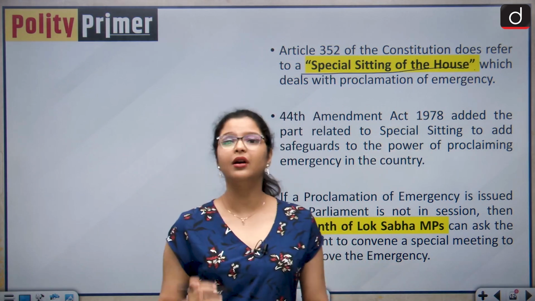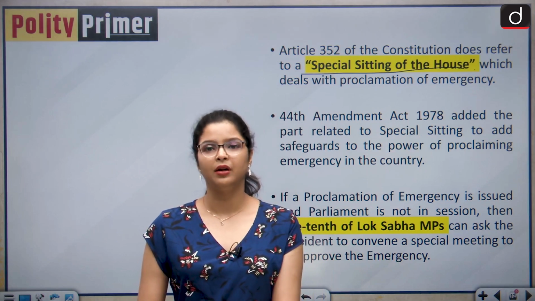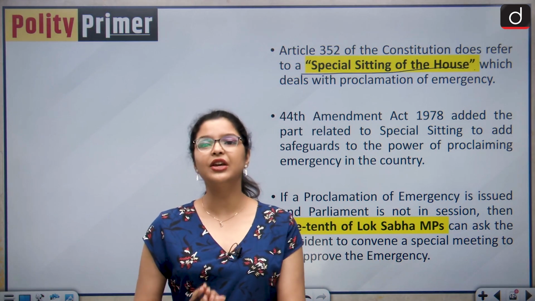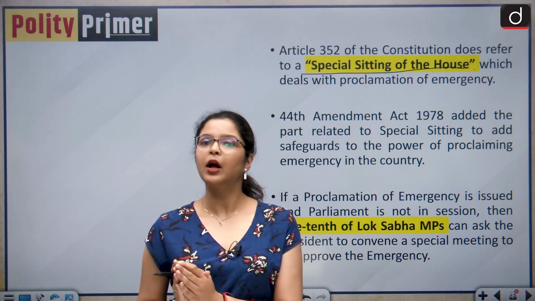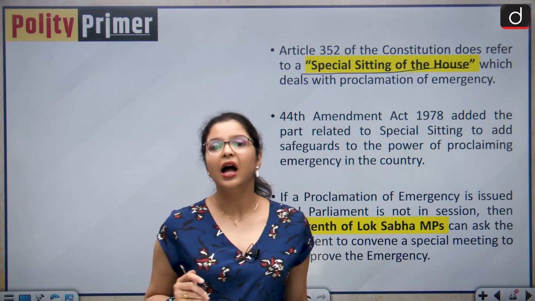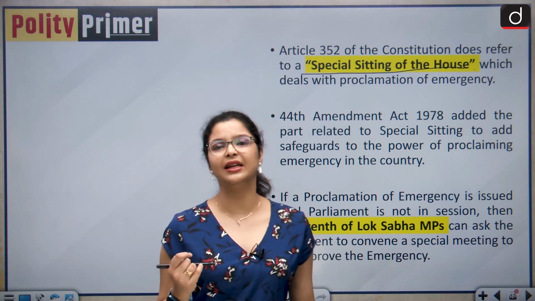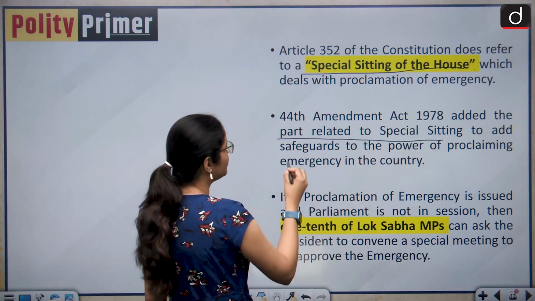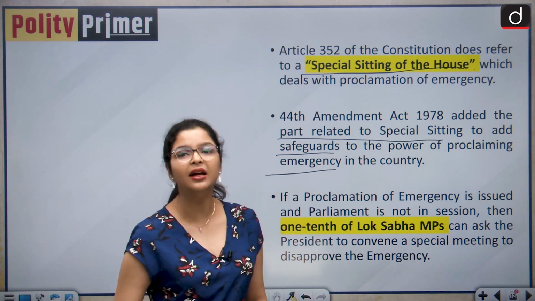So we have had a very historical past regarding the misuse of the emergency provisions, and to lay down the safeguards and to lay down the check and balance upon the use of this proclamation of emergency provisions, 44th Constitutional Amendment Act 1978 added the part related to the special sitting to add safeguards to the power of proclamation of emergency in the country.